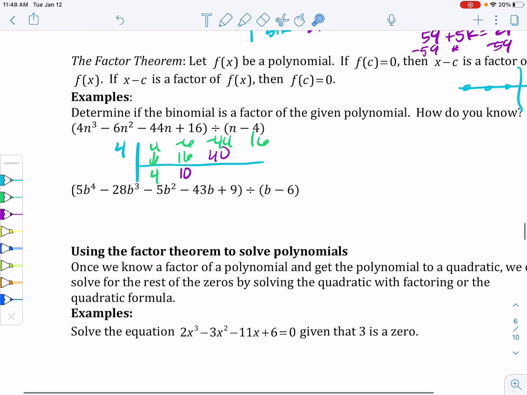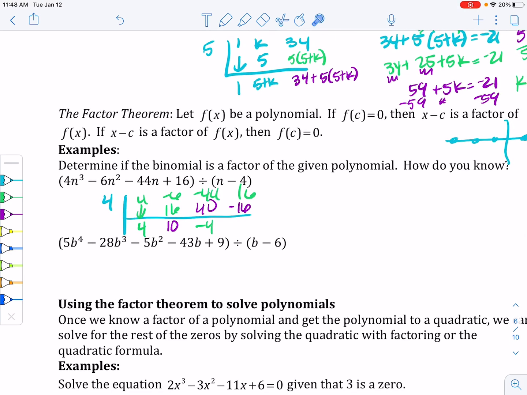-44 plus 40 gives us -4. And then we do 4 times -4 is -16. And then I add straight down, which gives us 0. Right. So this thing here, notice it says if f of c is 0, well, from our remainder theorem, we know that f of 4 is 0.